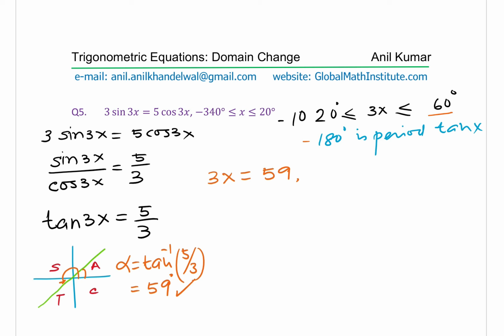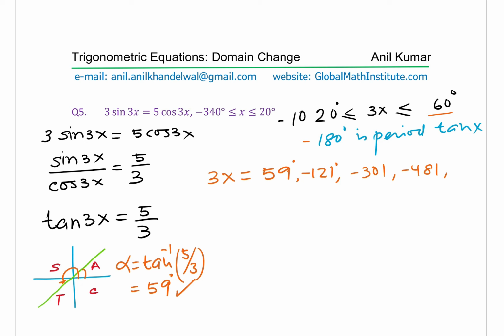For tan, it is much simpler, just one value to work with. So 59 minus 180 will give us minus 121, all in degrees. Again minus 180, minus 301. Again minus 180, minus 481.